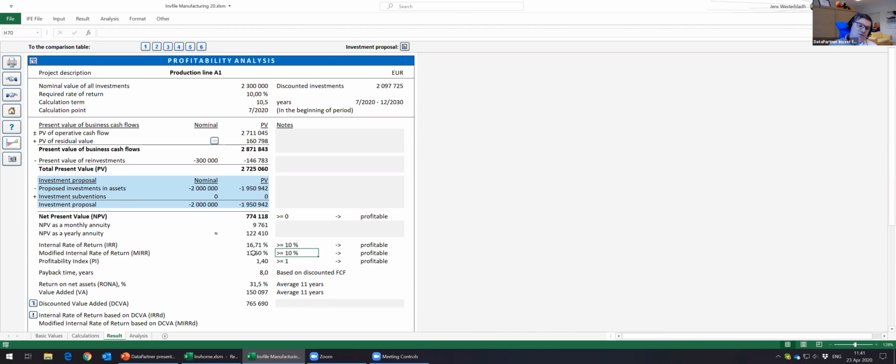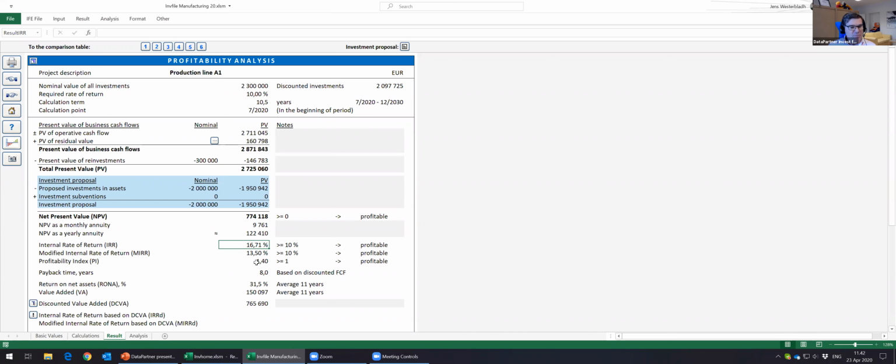But as a decision rule, it doesn't matter which one you use because they will both give the same go or no-go decision. If IRR is above the discount rate, then also modified IRR is above the discount rate. If modified IRR is below the discount rate, then also IRR is below the discount rate. So they will always give the same decision.